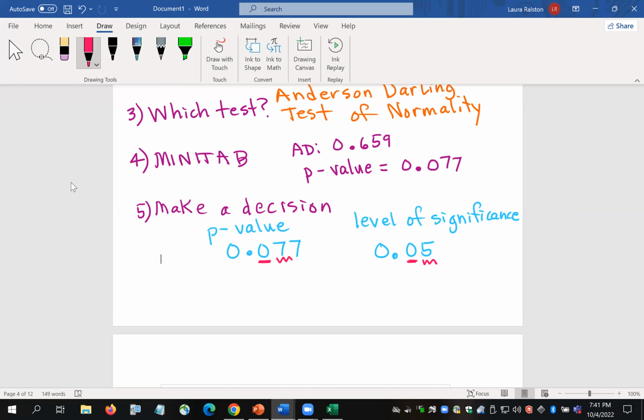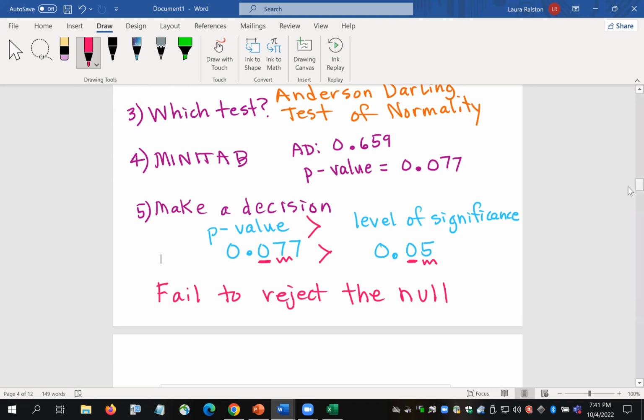So 7 compared to 5, 7 is greater than 5. So the p-value is greater than the level of significance. The guideline says if the p-value is greater than the level of significance, we fail to reject the null.